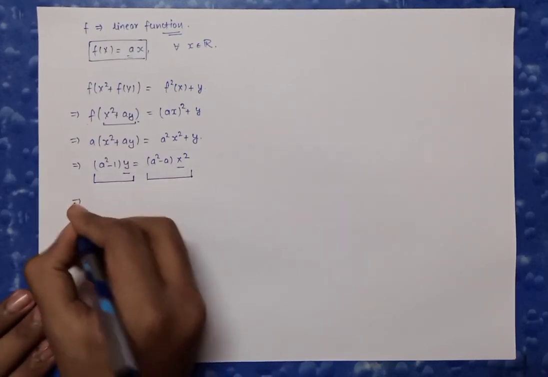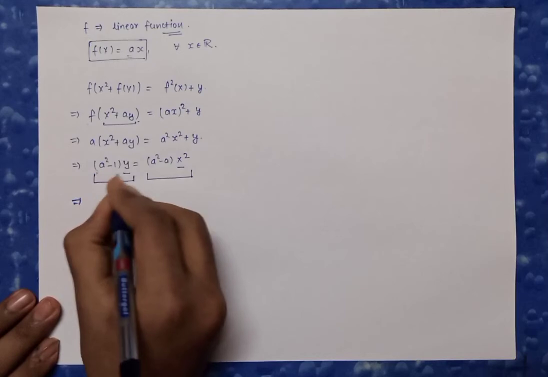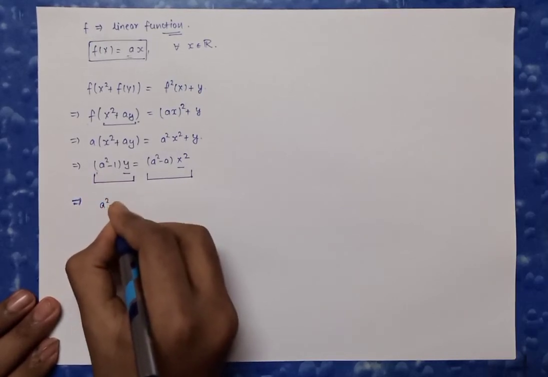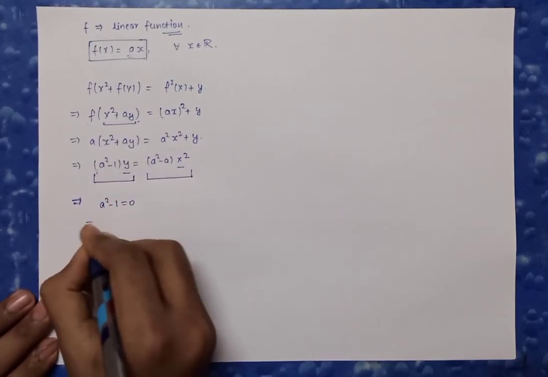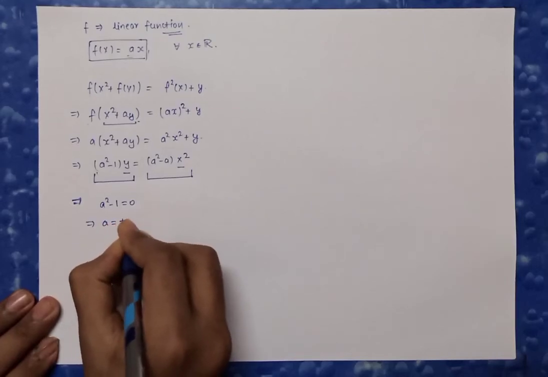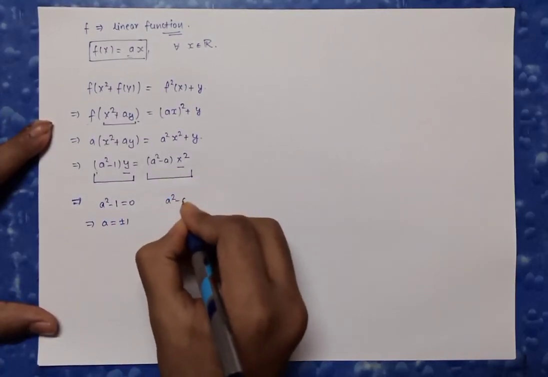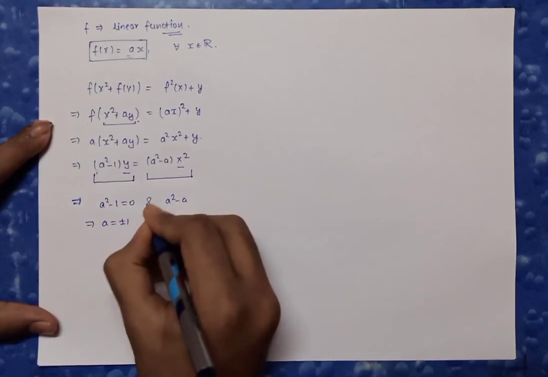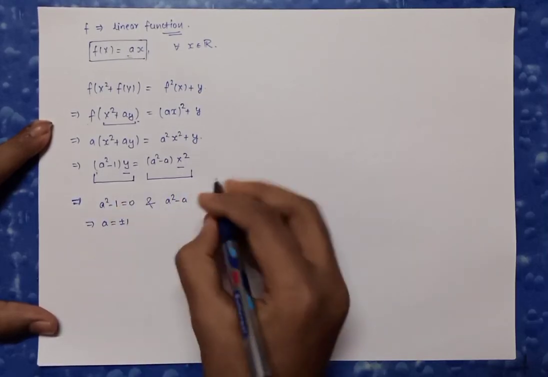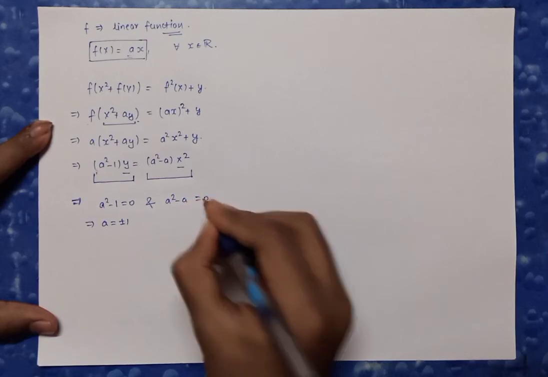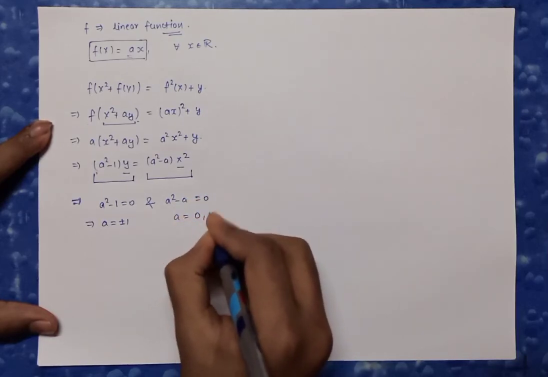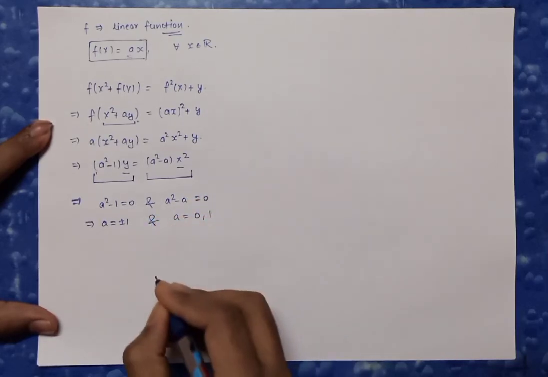So for this coefficient to be 0, a square minus 1 equals to 0, we have got two values, a equals to plus minus 1, and for a square minus a equals to 0, from here we will get 0 and 1.